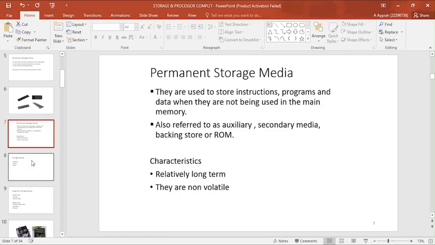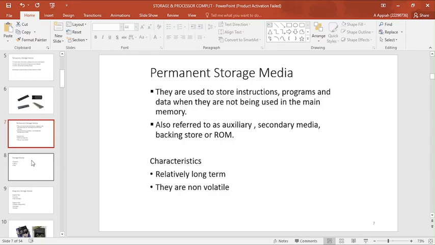Now, permanent storage media has the following characteristics. It stores data in a long term or for a long time as compared to the RAM, and we can say it is also non-volatile.